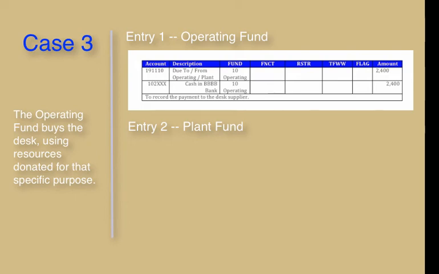At the time of purchase, the operating fund will write the check to the desk supplier and debit the payable to the plant fund. The payable to the plant fund is reduced by this debit, and the plant fund will reduce their receivable from the operating fund and record the payment for the asset.